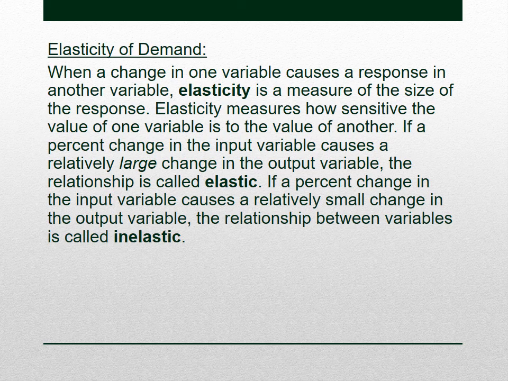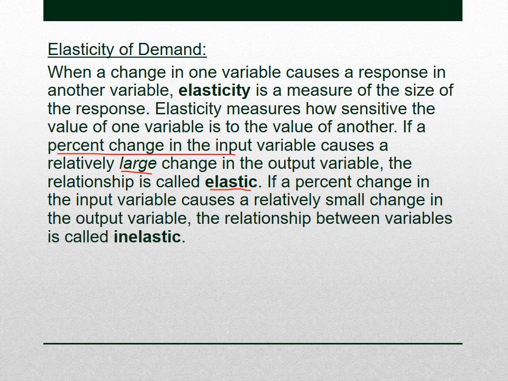Compare that to, say, the price of bread and the price of oil. Changes in oil price are not going to have much effect on the price of bread. So that relationship would be called inelastic. So those are our sort of examples to keep in mind. But basically, if you change the input variable by 1% and you see a large change in the output, that's called elastic.